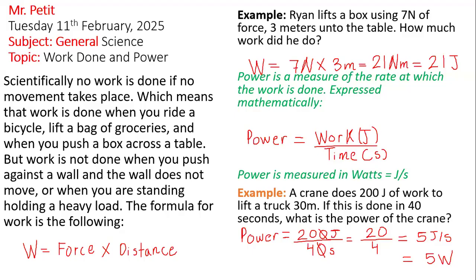You got it? Back on the last example, say it again, the example that he was given just now.